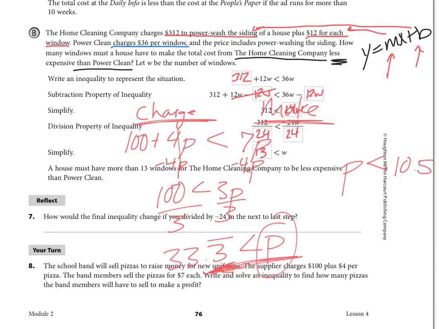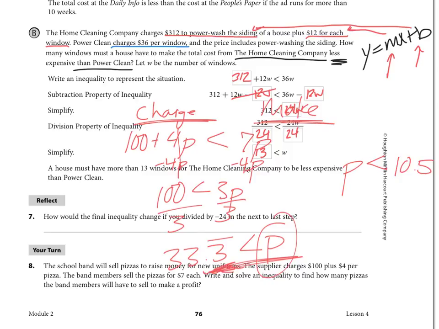So it's kind of weird, but if I have a house that has less than 13 windows, the Home Clean company costs me more. Why? That $312 they charge me up front. But if I have a house that has more than 13 windows, then the Power Clean company is going to be cheaper. Even though they charge me more per window, I'm not paying the $312 up front.